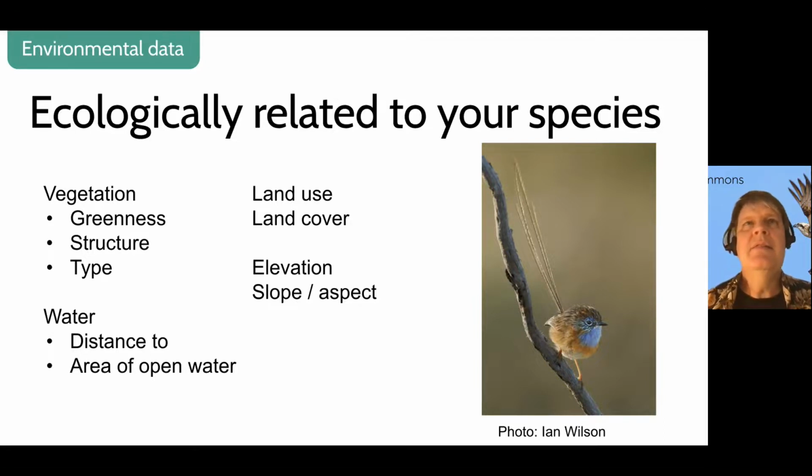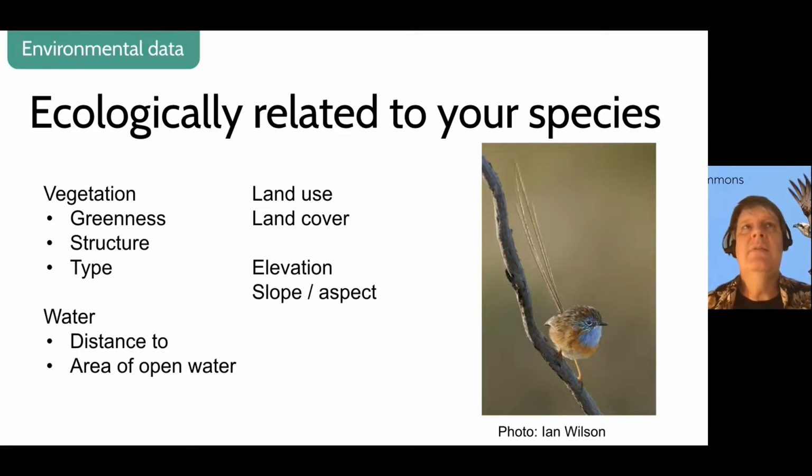But the less you use proxies and the more you use direct variables that are important to your species, the better. So the amount of spinifex vegetation in this patch of mallee, for example, or the amount of dead snags in this forest, right? Those are great variables to use.